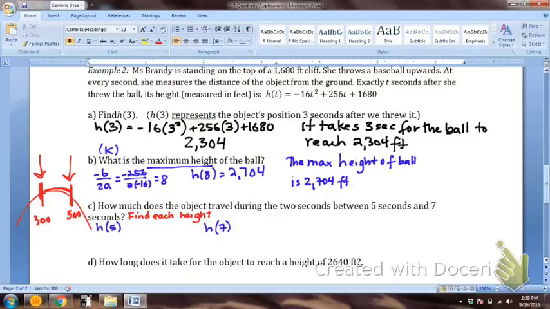Plug in the 5 into your equation, plug in the 7 to the equation. So you're finding h of 5 and h of 7.